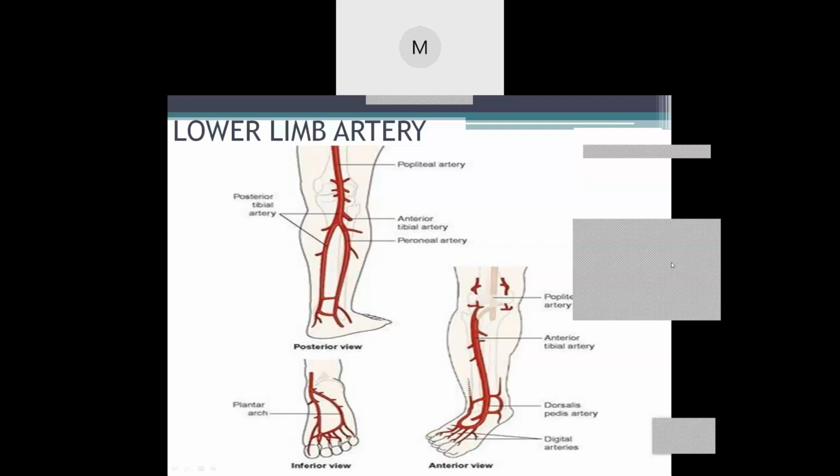Why won't you be using all your fingers, especially your thumb? Can you tell me the reason? Because the thumb is connected to an artery. This is your thumb, right?